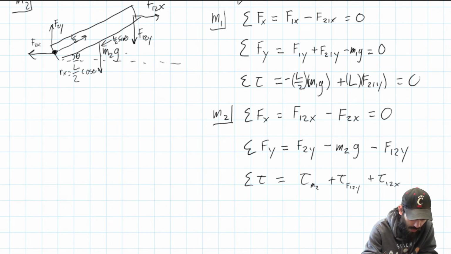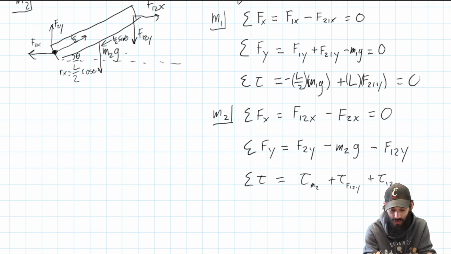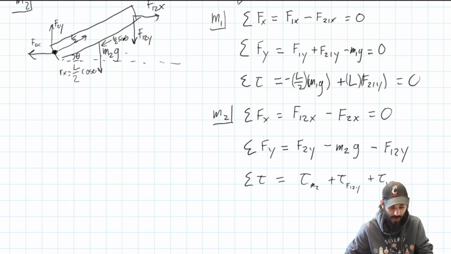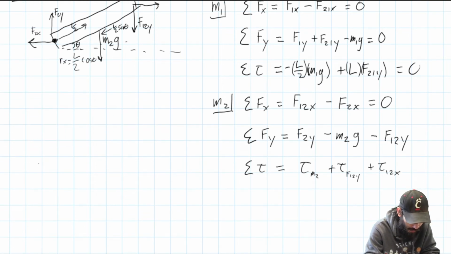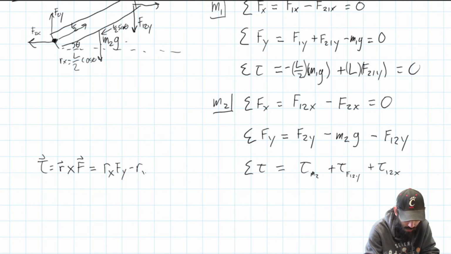Because all three of these forces are going to impart some torque here, and we just need to evaluate them term by term. Okay. So using the equation that we had here for torque is equal to R cross F is equal to Rx times Fy minus Ry times Fx times n hat.